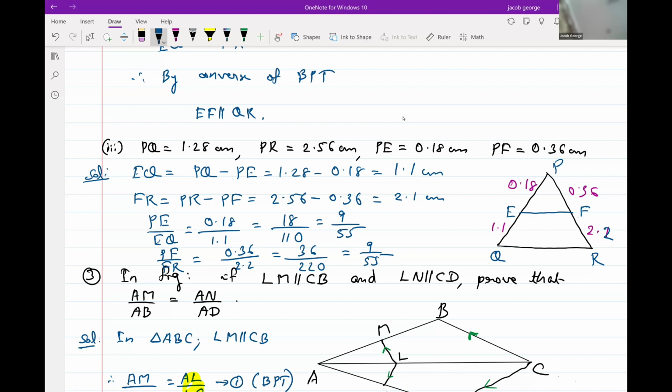Okay, so which means both are equal, right? So that means we got PE by EQ is equal to PF by FR. By what theorem? By converse of BPT, we can write EF is parallel to QR. This is the complete answer to this question.